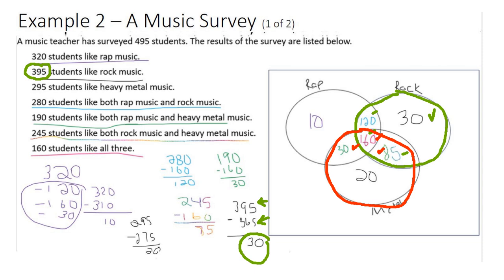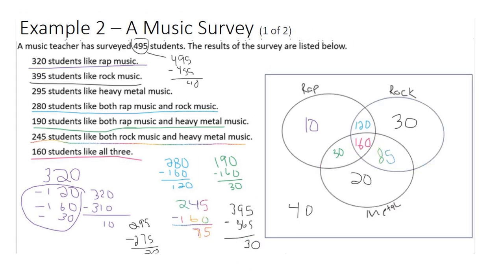But they tell us we have 295 students. So if I subtract, I end up with 20, which is right here. So we have all of our circles filled. So the last thing that you want to do is consider how many students were surveyed.